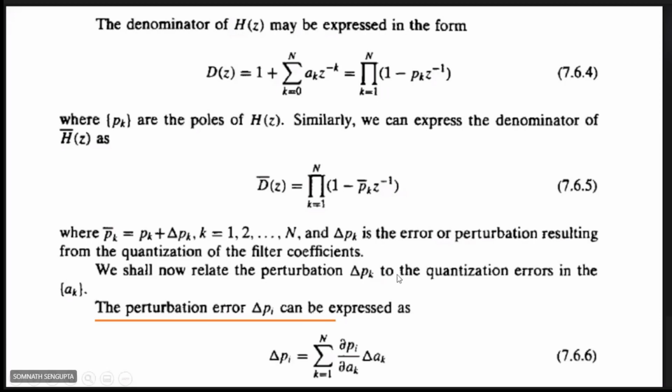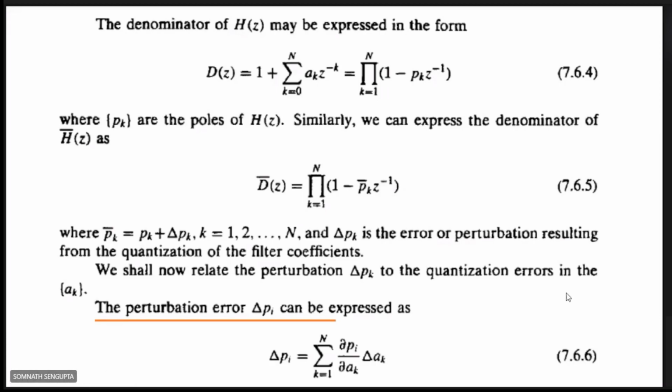So that can be calculated as delta pi is equal to the sum of dou pi divided by dou ak into delta ak.